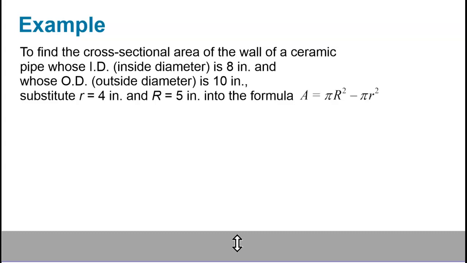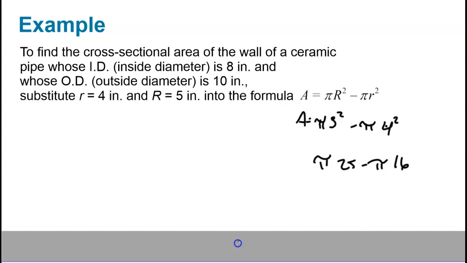In this case, we'll just substitute. The area is pi times our outside diameter, 5 squared, minus pi times our smaller diameter, 4 squared, so that's pi times 25 minus pi times 16.